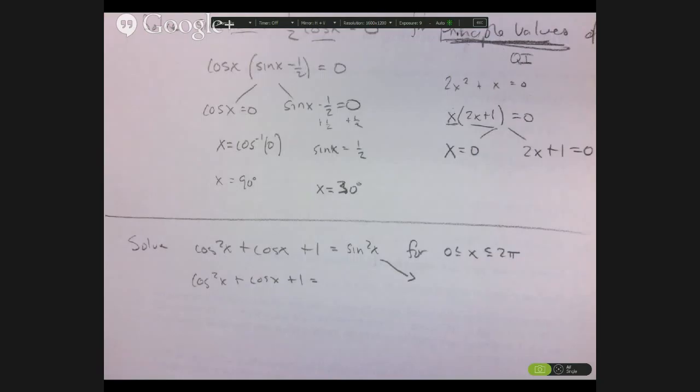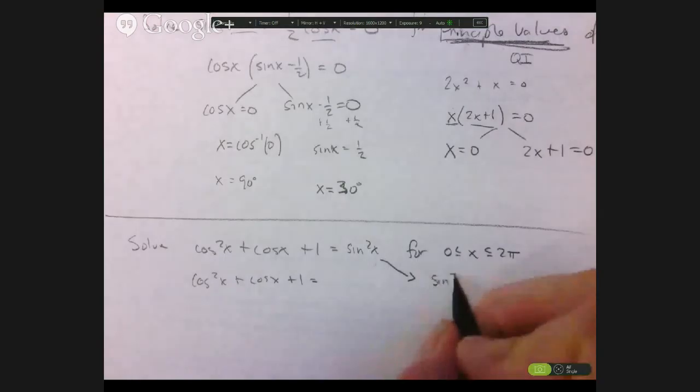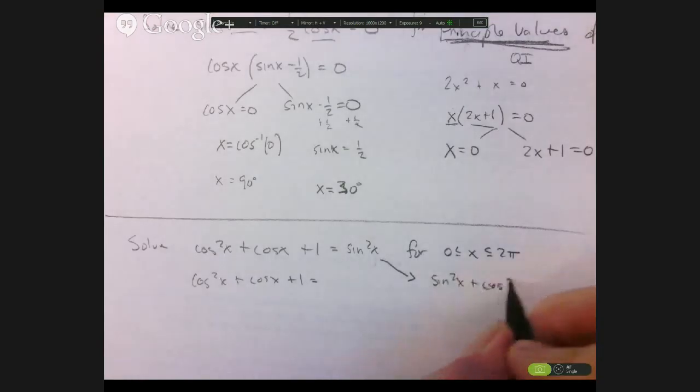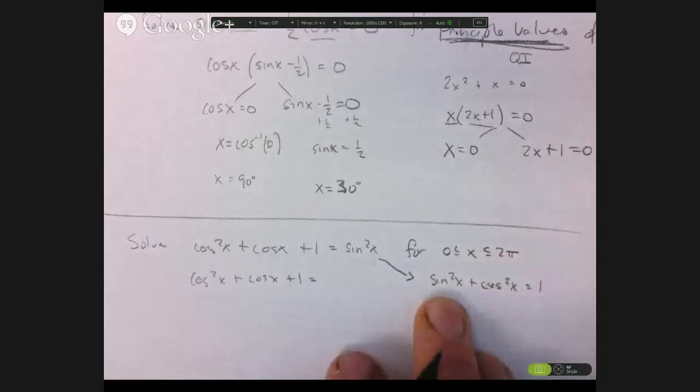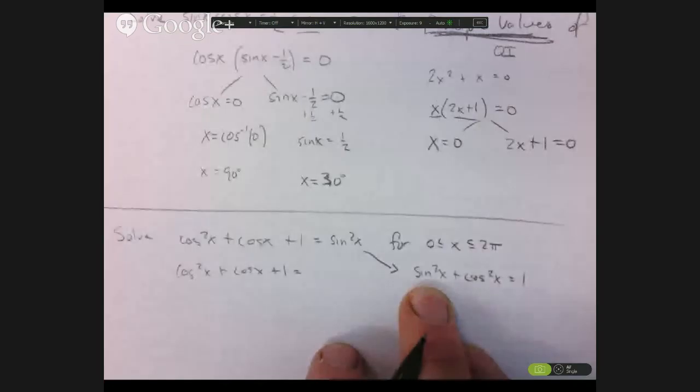Anybody? No. We have sine squared. Is there an identity with sine squared in it? Okay. The Pythagorean identity. Is there a way for me to get that equal to sine squared?